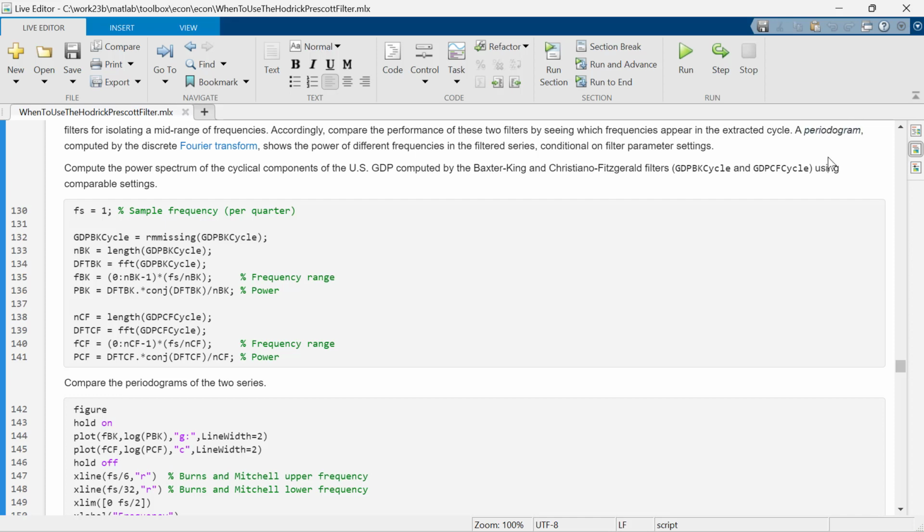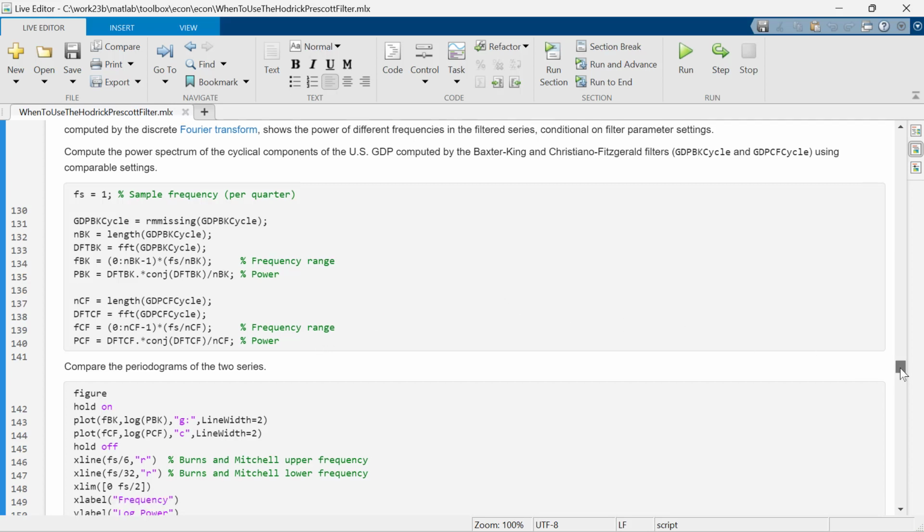Okay, this is all signal processing kind of terminology, but it's used in econometrics quite a lot when you're looking at things in the frequency domain. And this is just the standard approach for taking Fourier transforms in MATLAB and creating a power spectrum. It's not hard to do.